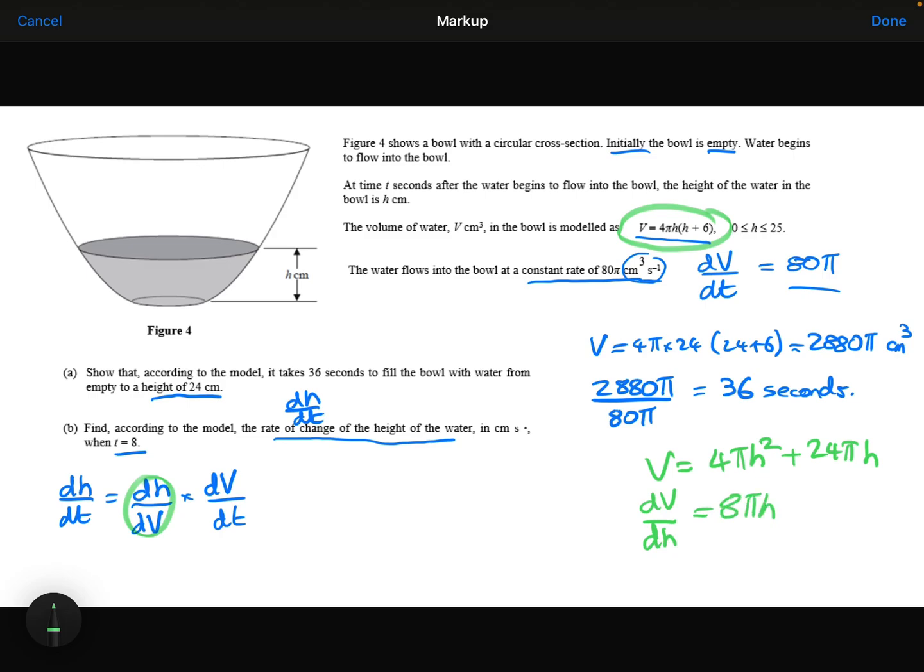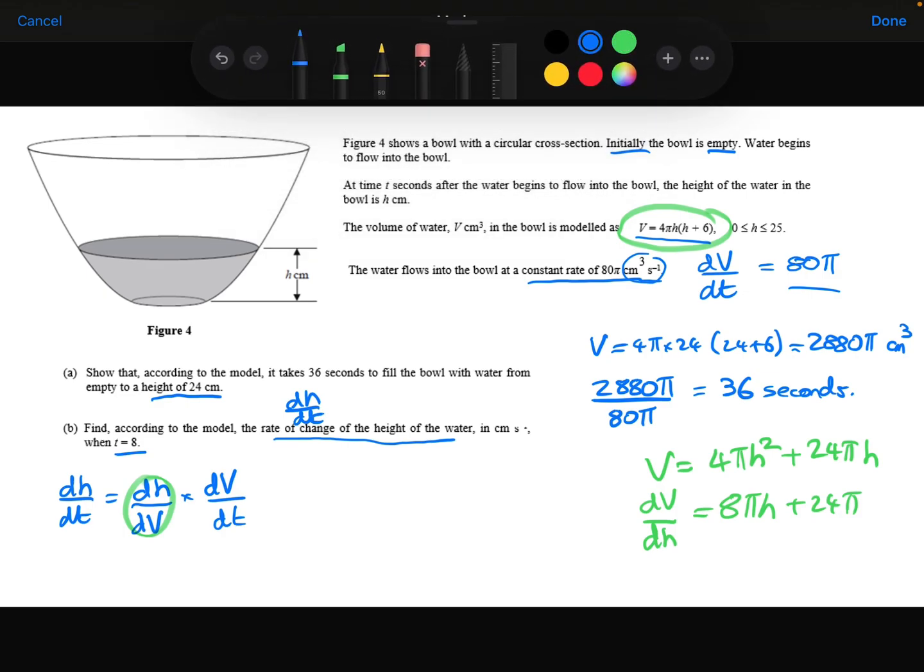And I'll get 8 pi h plus 24 pi. Now that's dV by dh. I want dh by dV, so that's the reciprocal of that. And that's going to be multiplied by the dV by dt, which is 80 pi.